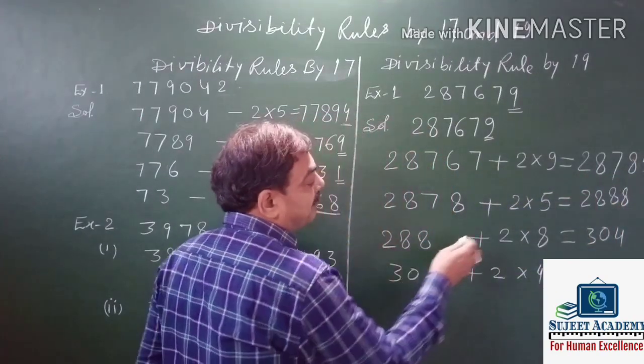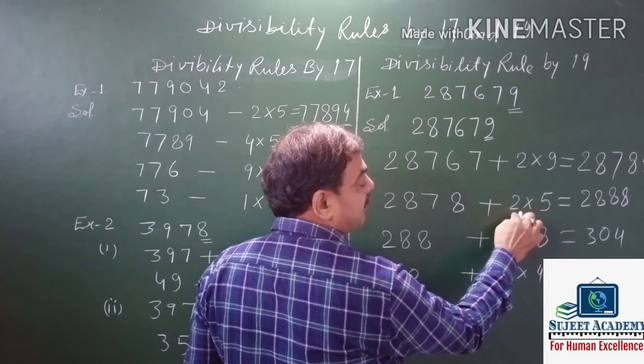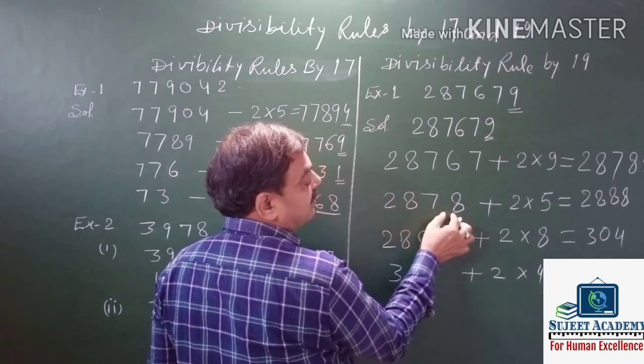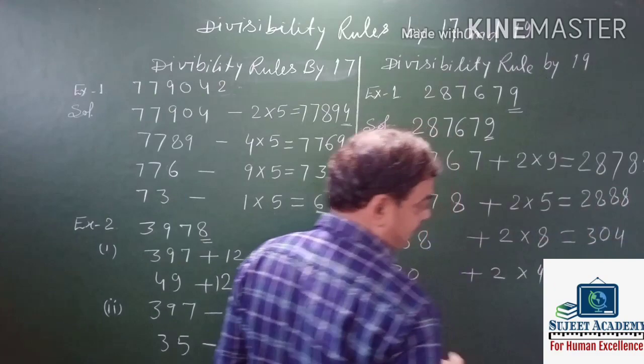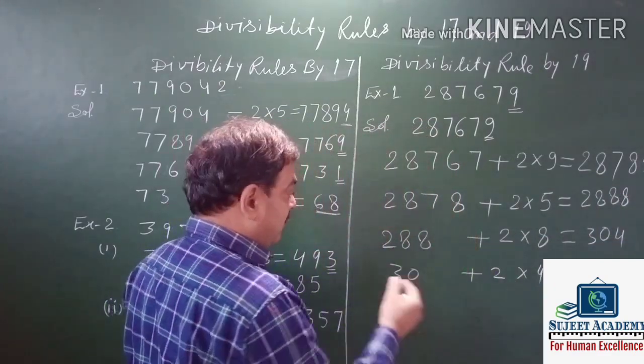In the next step, 5 into 2 is 10: the unit place value multiplied by 2 is 10, and the remaining part is 2878. You add it and you get 2888.